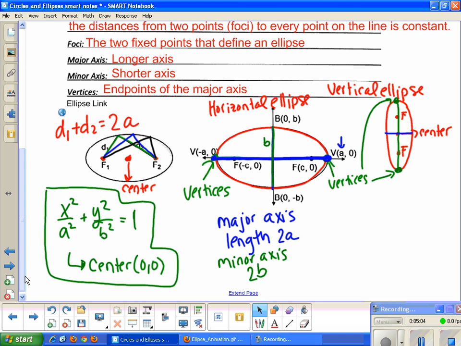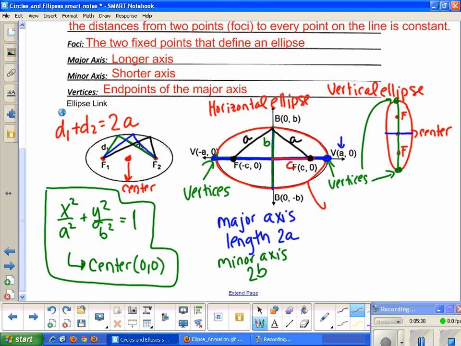And if I want to figure out where the focal points are, we are calling the distance from here to here c. If you recall, the distance from one focal point to any point on the ellipse to the other focal point is always going to be a constant length. And if it hits right where our minor axis is, then I know that it's cutting our distances in half. So this actually is a distance of a, and this is a distance of a. So if I want to find c, how would I go about doing that?